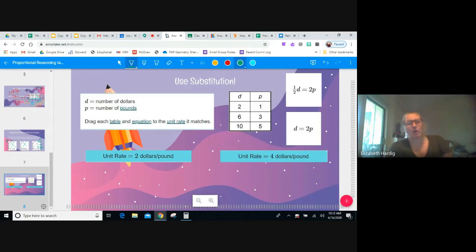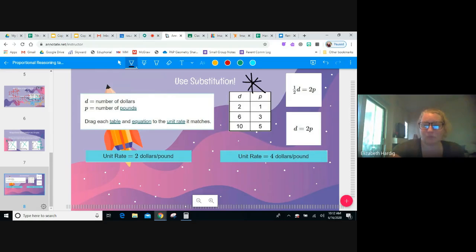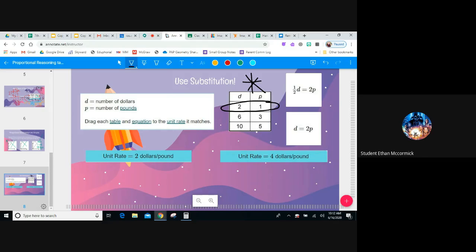All right, so this last part, we want to find our unit rate. So remember, unit rate always is when you're comparing something to one of another. So if I'm looking at this table right here, and I have D as dollars and P as pounds, this point right here tells me it costs me how much for 1 pound?